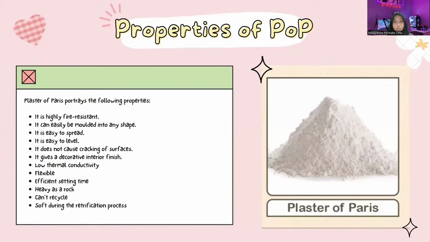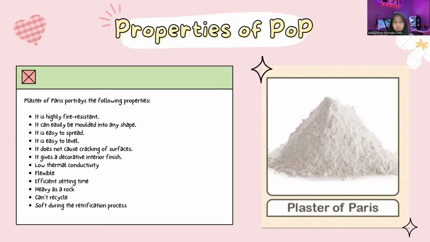These are the properties of POP. Plaster of Paris has the following properties. The first, it is highly fire resistant, and next, it can easily be molded into any shape. And the next, it is easy to spread. And the next, it is easy to level. And next, it does not cause cracking on the surface.